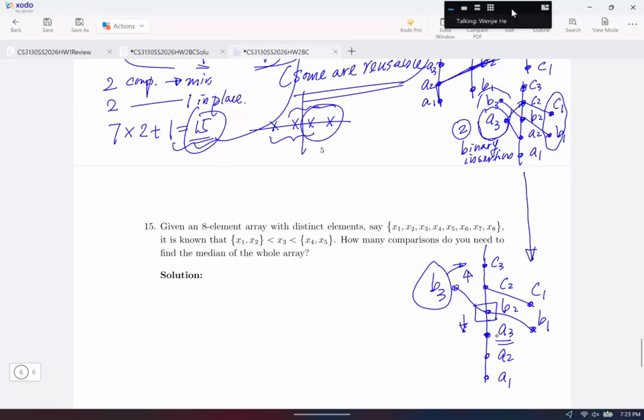If below, B3 does not need to consider A3, because below B2, but both C1 and B2 need to consider A3, right? 2 versus 1. This side, we have two elements. This side, only one element. So, if two elements need to do more work versus one element need to do more work, definitely this is the worst case, right?